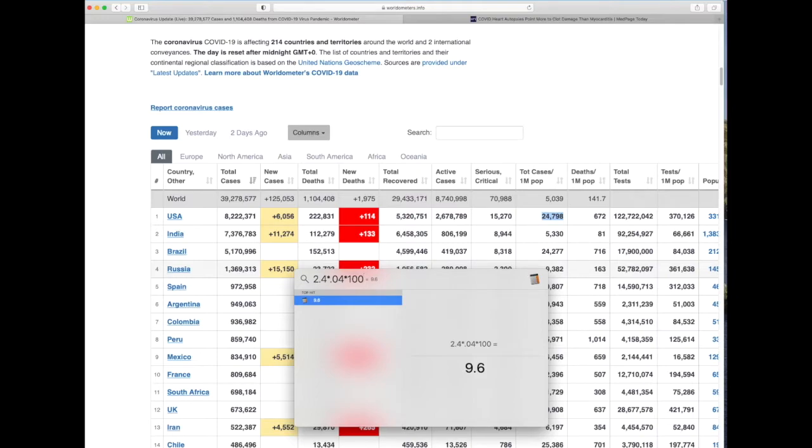Which means that 90% of Americans, I don't know if I'm right on this one. I don't know. My brain's going, bleh. Anywhere between, we'll say it's either 0.096 or 9.6. Either 1% or 9% of Americans even know a person who died. Do you get what I'm saying?